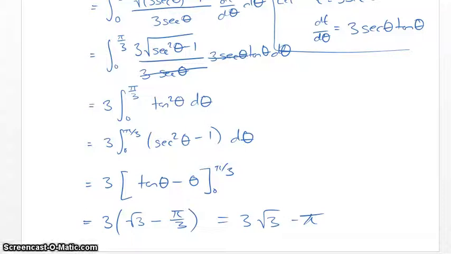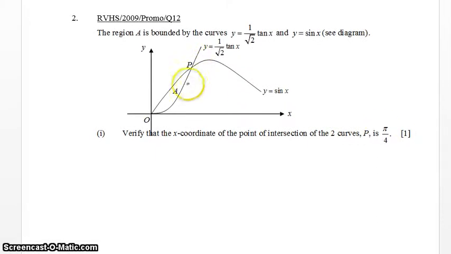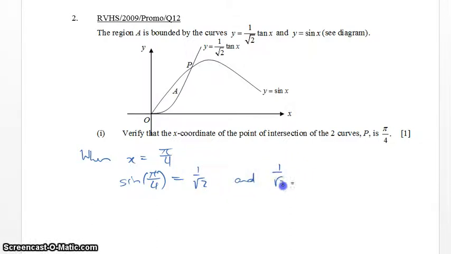Okay, let's move on and have a look at question 2. Question 2, first part, asks us to verify that the x coordinate of point P is pi upon 4. We don't need to show this, we just need to verify. So when x is pi upon 4, sine pi upon 4 is equal to 1 over root 2, and 1 over root 2 tangent pi upon 4 is 1 over root 2.